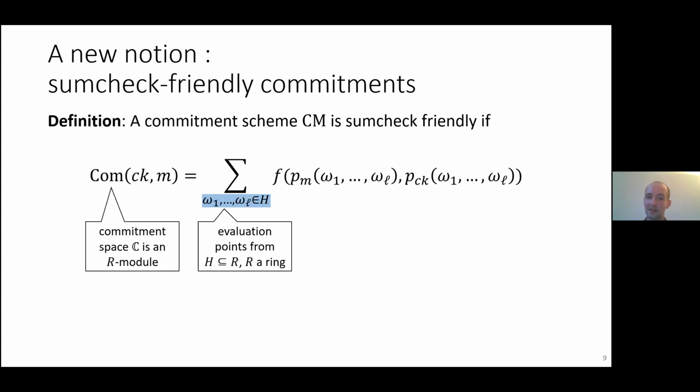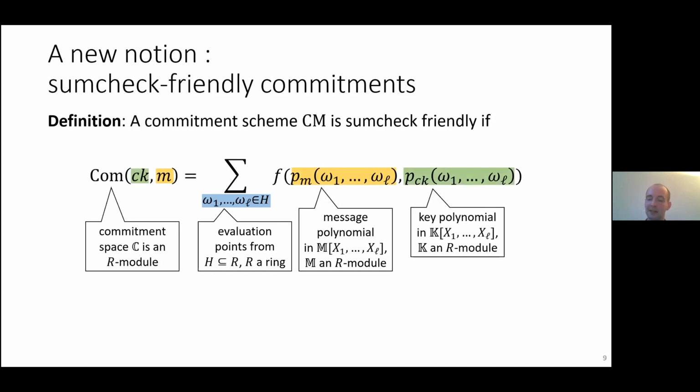The commitment space, C, where all the commitments come from, should be a module over the same ring R. On the right-hand side, the polynomial evaluation part is split into evaluations of a message polynomial over another R-module, M, and a key polynomial over another R-module, K. Obviously these two evaluations come from different spaces, so we also incorporate some kind of combiner function to map them onto the space of commitments.